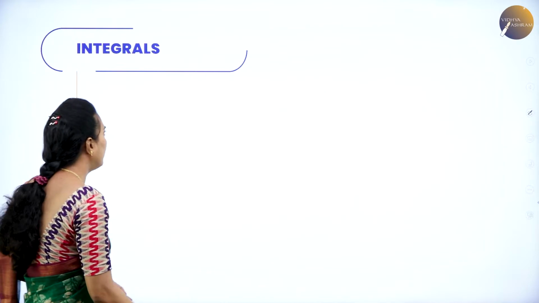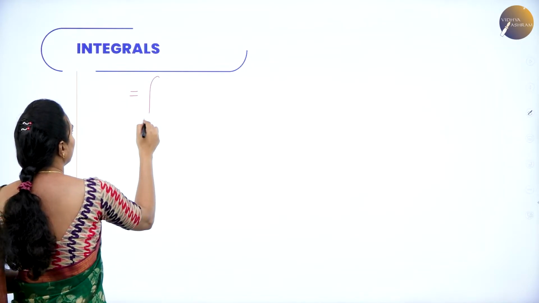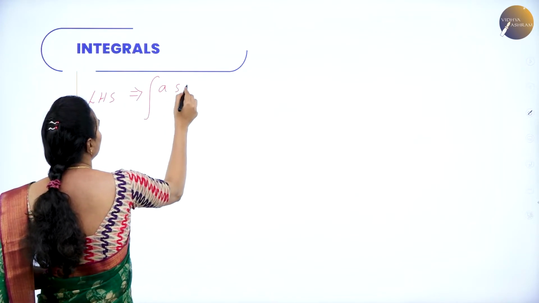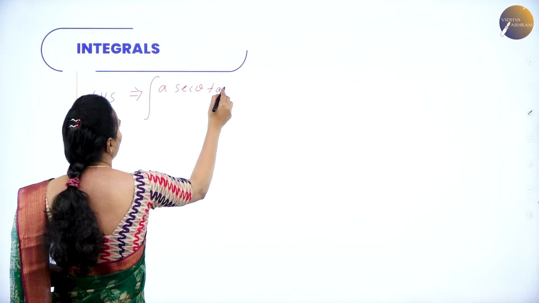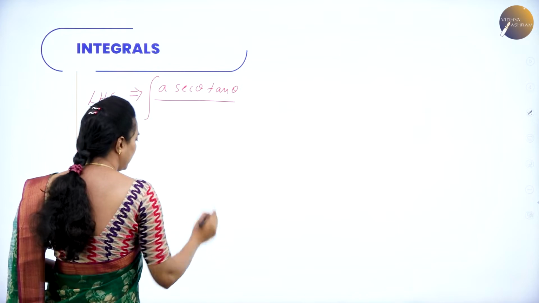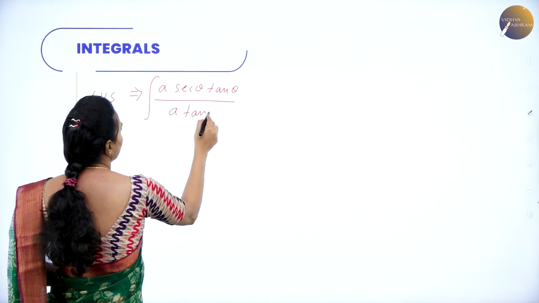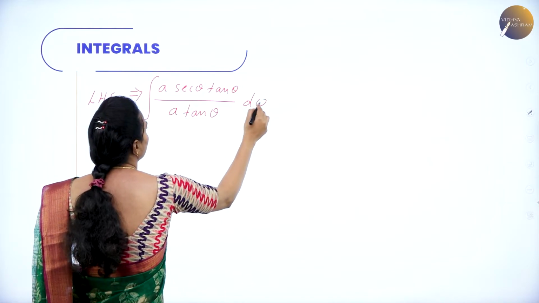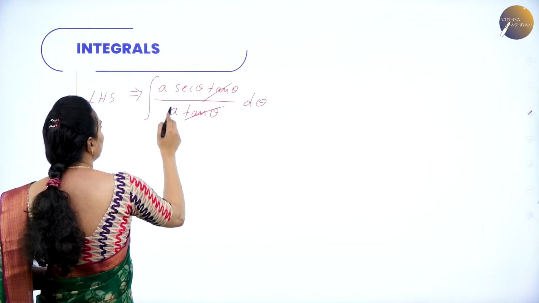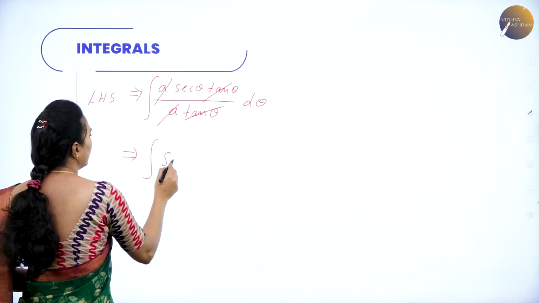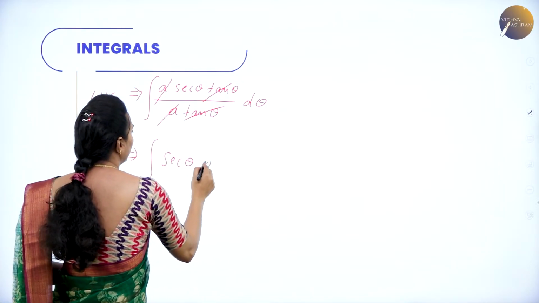You are going to remain with the numerator as integral of, which implies of the left hand side, a secant theta into tan theta divided by, in the denominator, a tan theta into d theta. Now you can observe tan theta and a will get cancelled. Remaining is integral of secant theta into d theta.